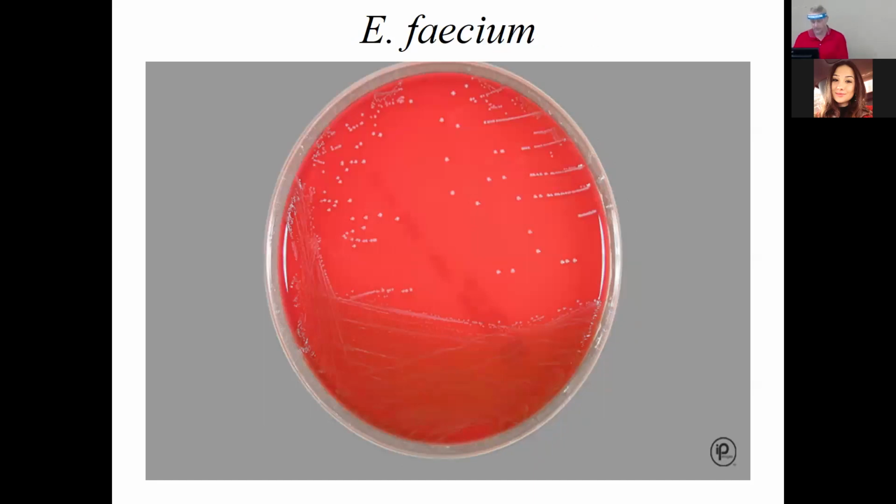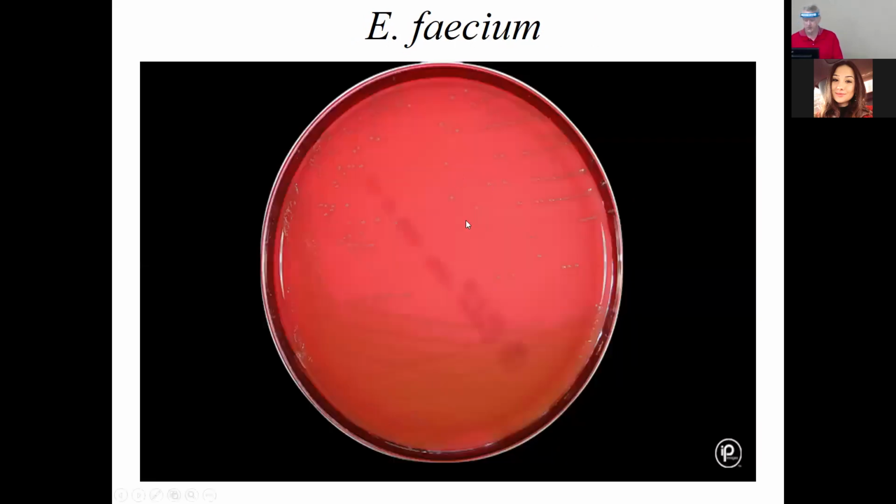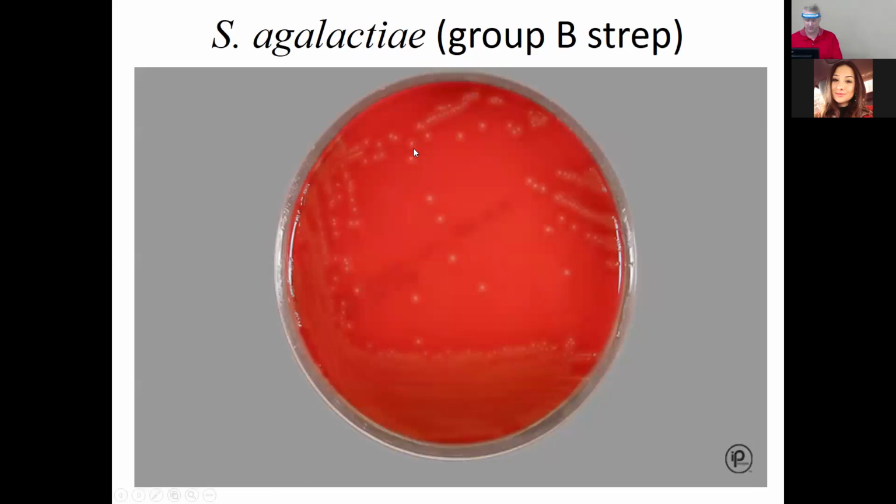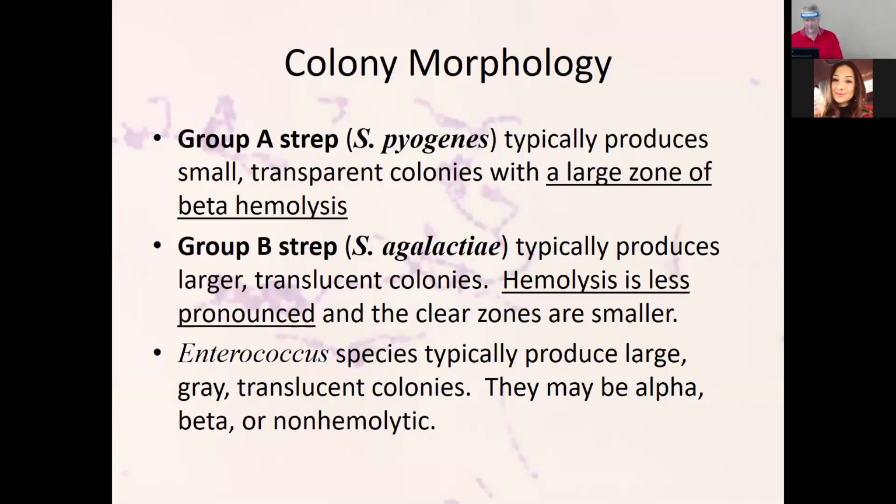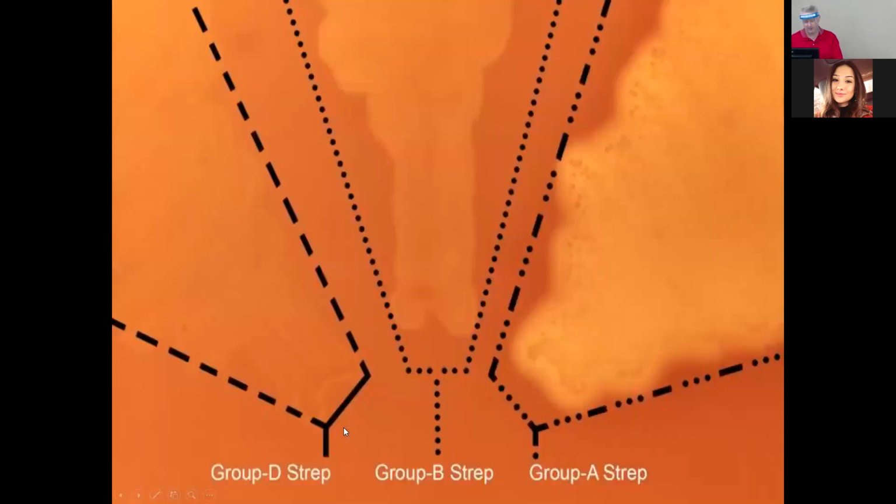Here's another Enterococcus called faecium. Again, no hemolysis. Or maybe some hemolysis, right? Remember this little statement. Let me find it. Enterococcus species produce large gray luminescent colonies, but maybe alpha, beta, or non-hemolytic.